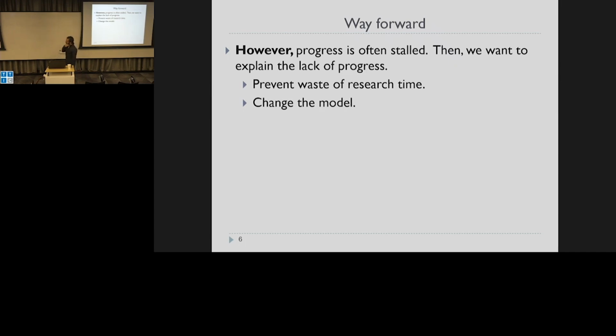And the second reason is to change the model, which means that if a problem in practice is typically modeled in a certain way into a theoretical framework, a theoretical problem, and now this theoretical problem seems difficult, then maybe you want to do the modeling again.